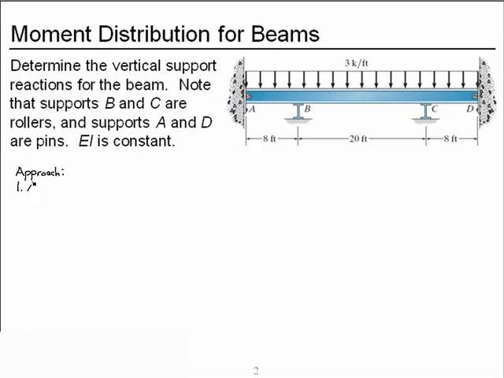We'll start by generating an approximate answer, because after performing our lengthy calculations using the moment distribution method, we want to be able to evaluate whether we have reasonable results or not. Then to start the moment distribution method, we'll need to calculate the stiffness of each member and calculate the distribution factors.